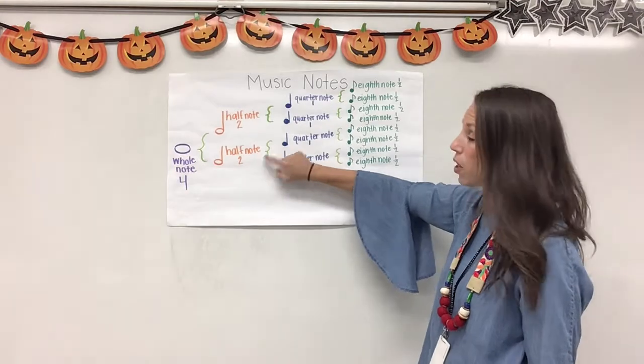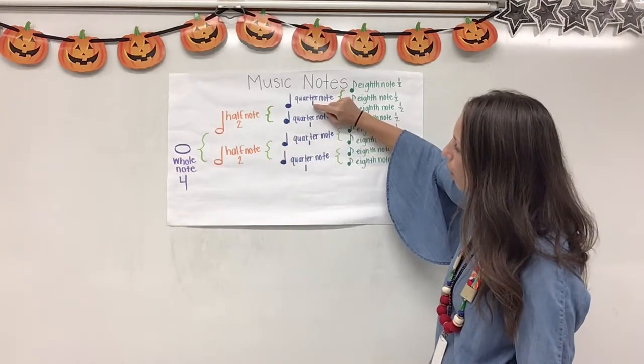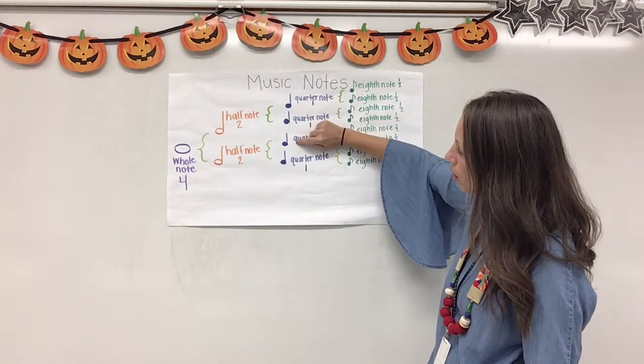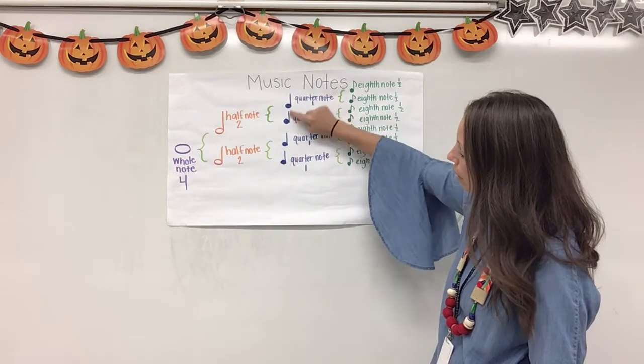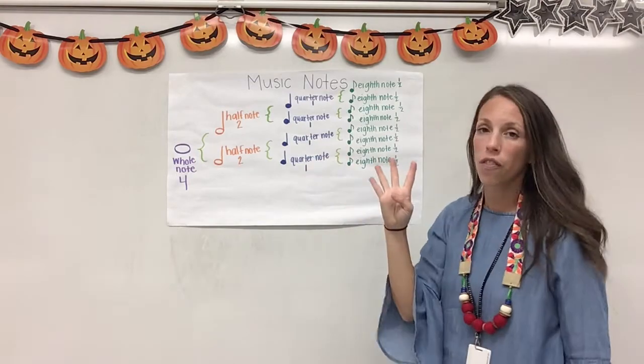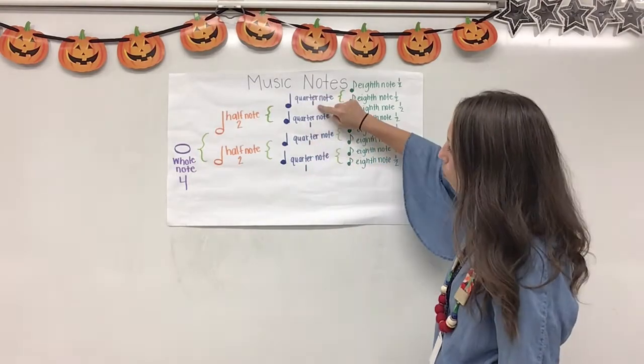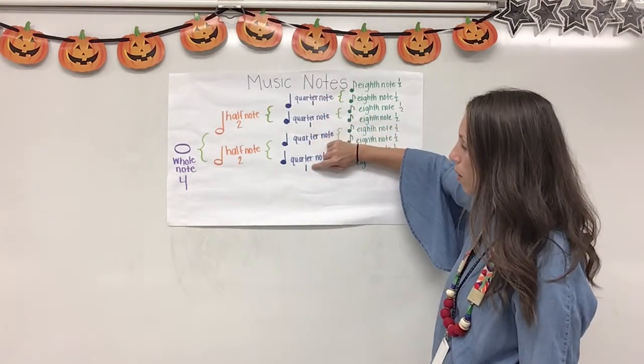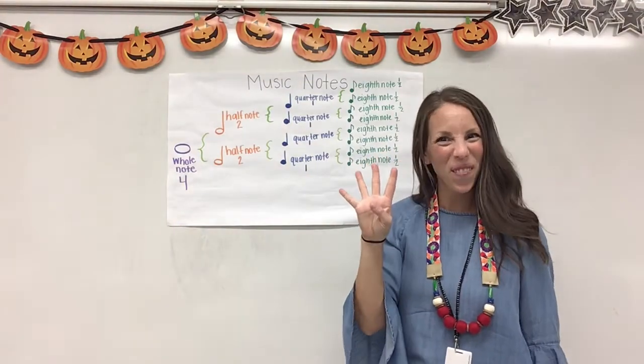Same with this half note. So now we see we have 4 quarter notes, and we can see that 4 quarter notes equal 4 beats, because 1 plus 1 plus 1 plus 1 equals 4.